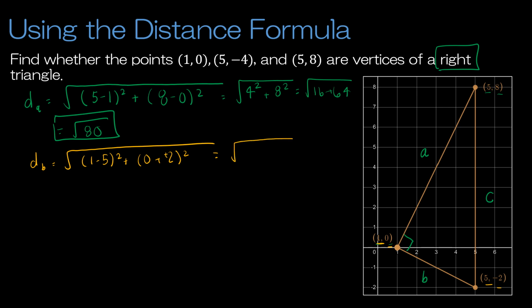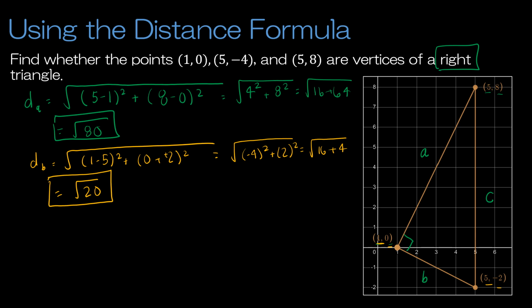And that gives me the square root of negative 4 squared plus 2 squared. And that gives me the square root of 16 plus 4. So that is the square root of 20. And again, I could write this as 2 square root of 5. And if you don't know how to do that, that's okay. We'll be working on that. But for now, I'm just going to leave it as radical 20.